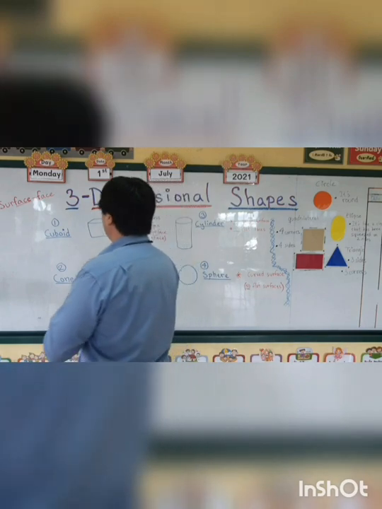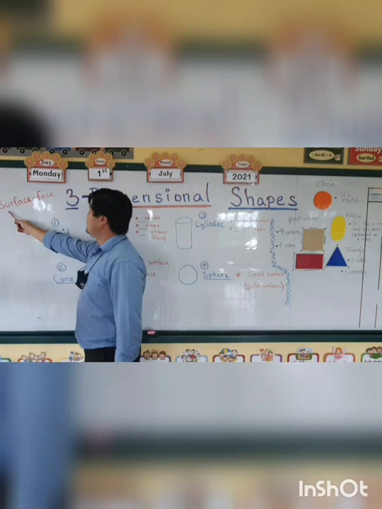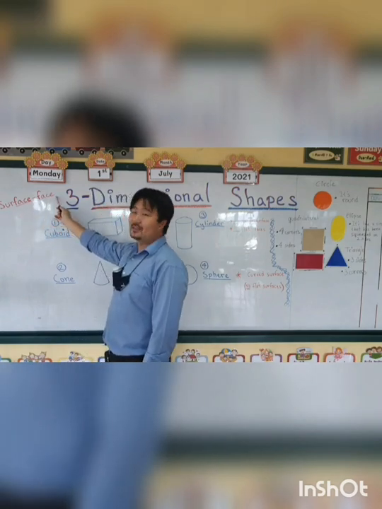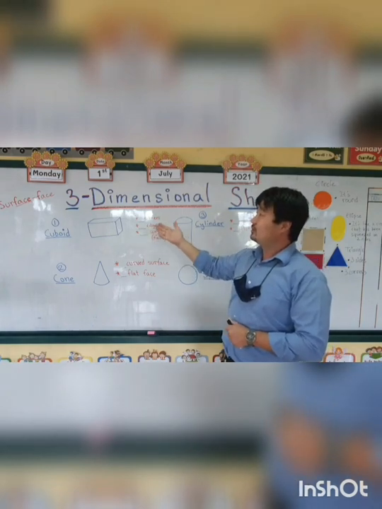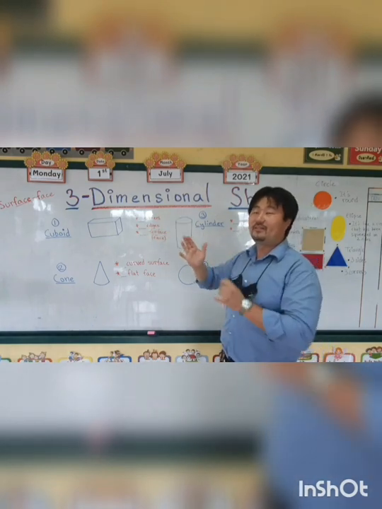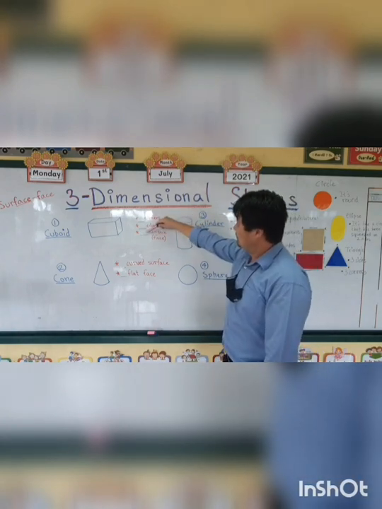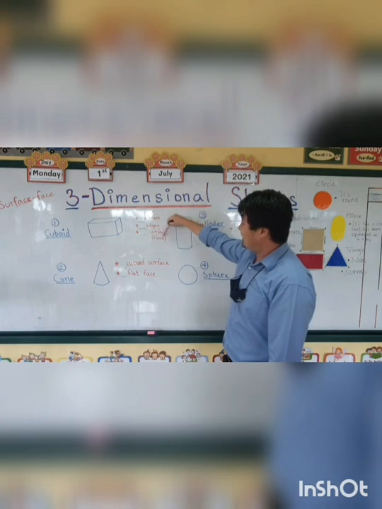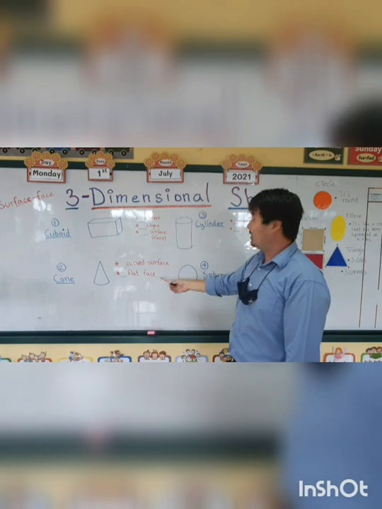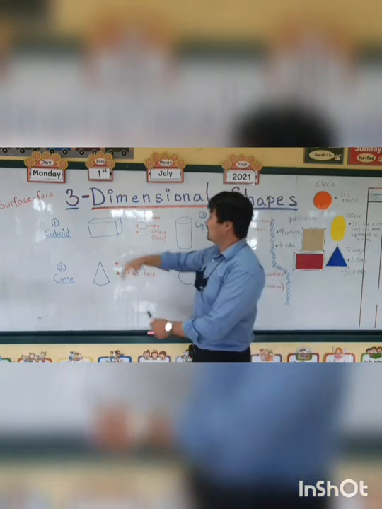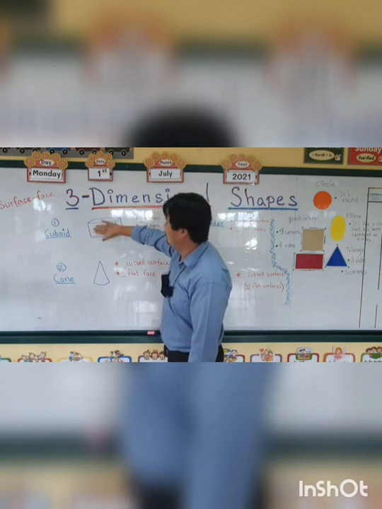Now, let me first explain why I have written surface and face. Because a surface, they use the shorter word face sometimes. As you can see, I have written here surface or face. This means the same thing, surface and face. So a surface or face is this side, this part of a cuboid.